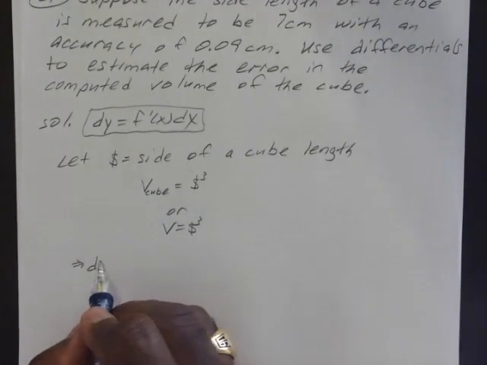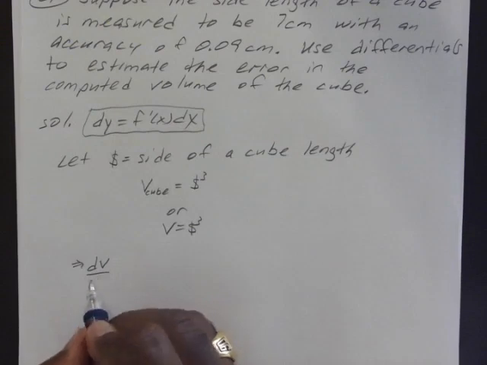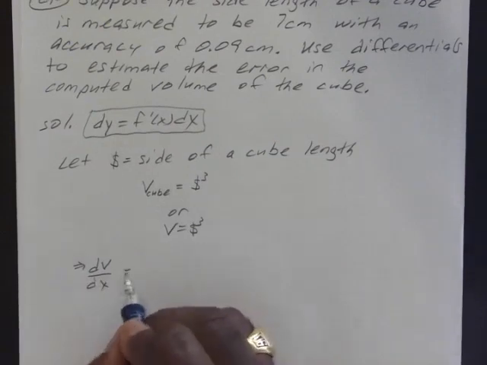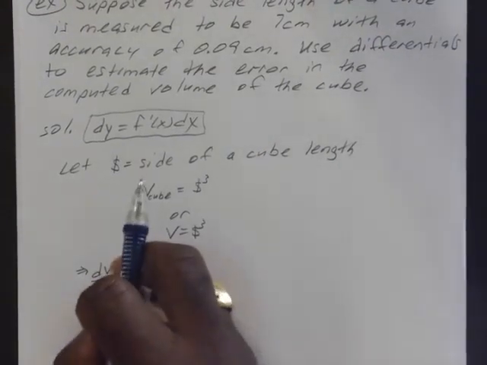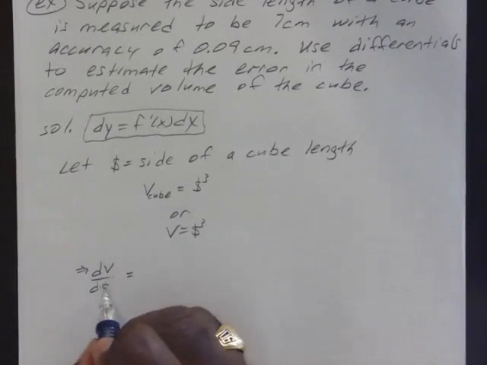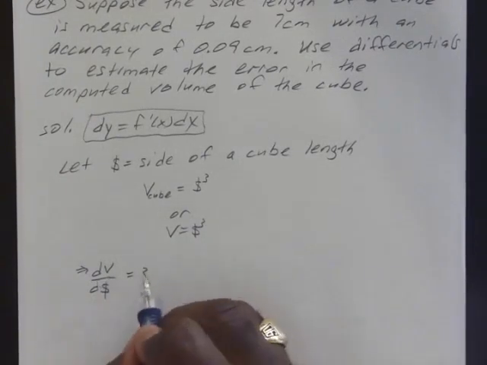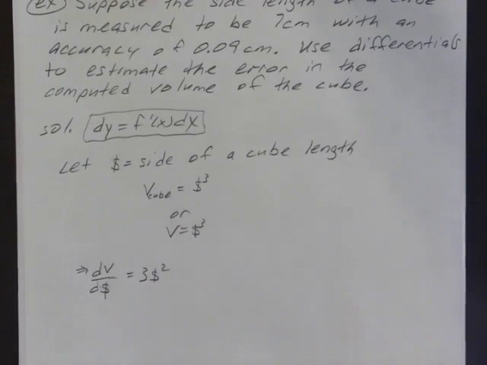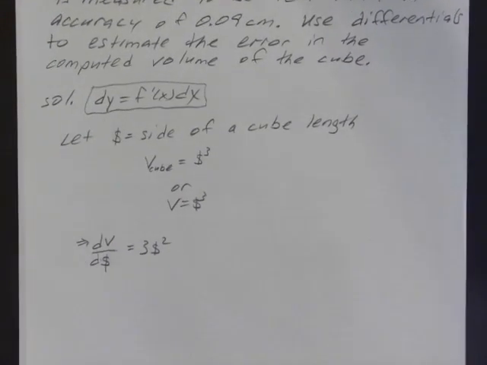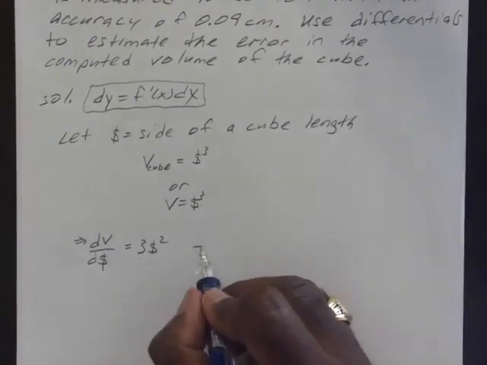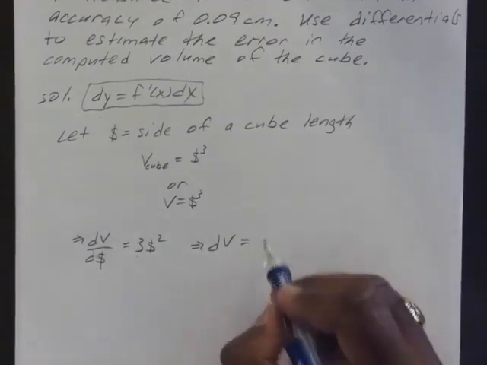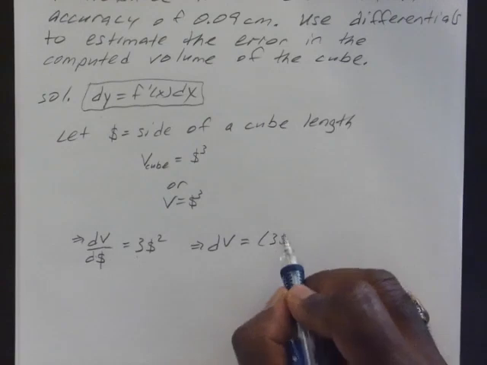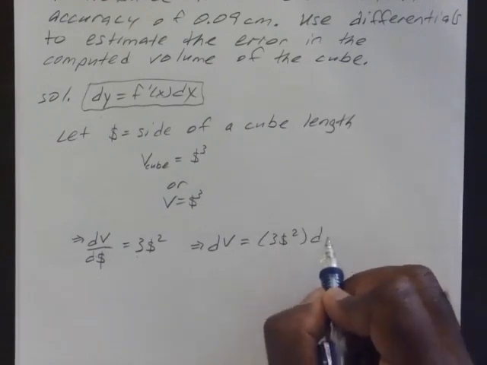Okay. So the rate of change of the volume with respect to S, so used to saying X, is equal to 3S squared. And if we wanted to put that in differential form, change in the volume is equal to 3S squared ds.